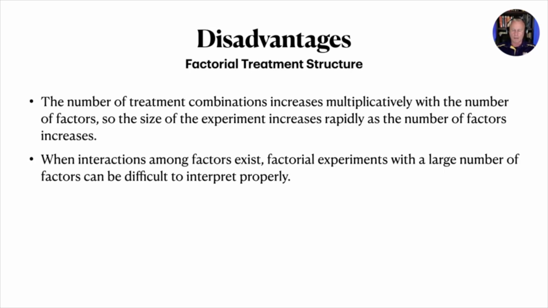And once they get the data from that kind of an experiment and they determine which of the factors are important, they can do subsequent experiments using those factors. But in an experiment using a factorial treatment structure with even 4 factors, if interactions do exist, it can be difficult to properly interpret what those interactions mean.